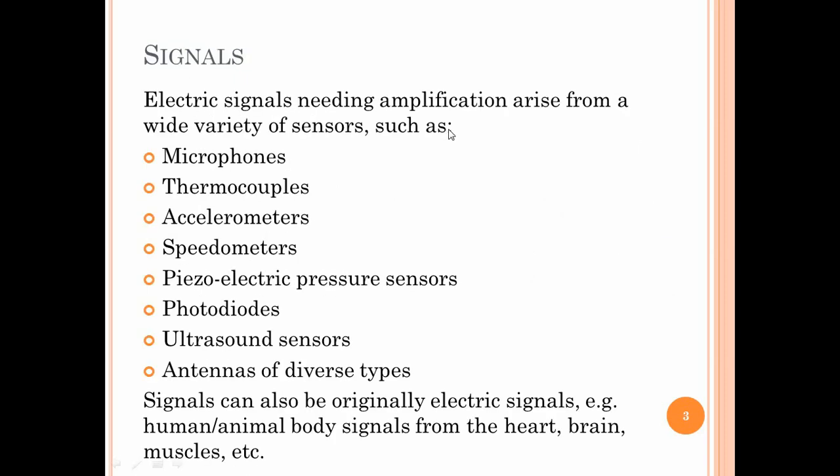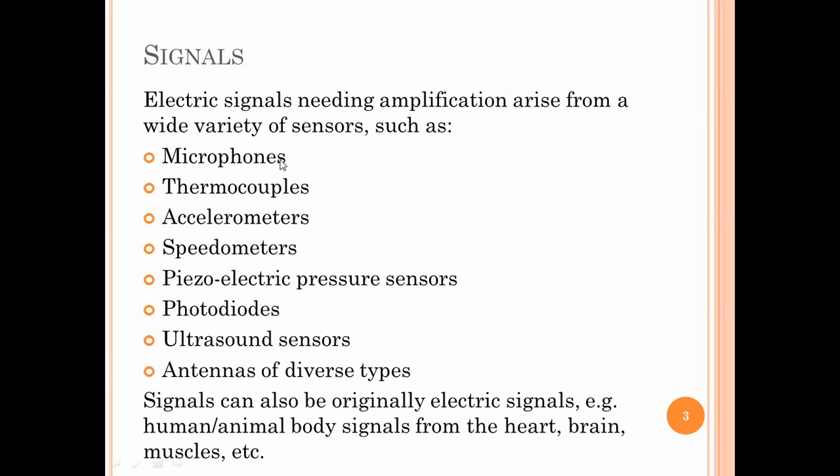Before we start, let's quickly review what signals are and where they come from. So signals come from many different sources, and for our purposes what we are looking at is real life signals being converted to electrical signals, and the electrical signal will then be fed to an amplifier to get amplified and processed further. So here are some of the sensors from where signals are received.